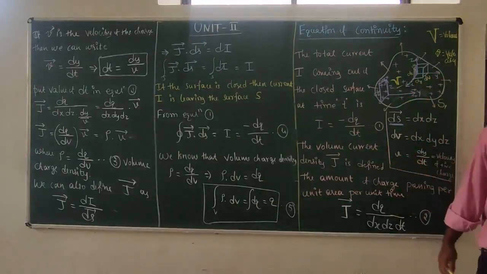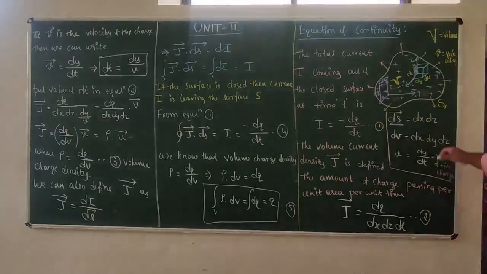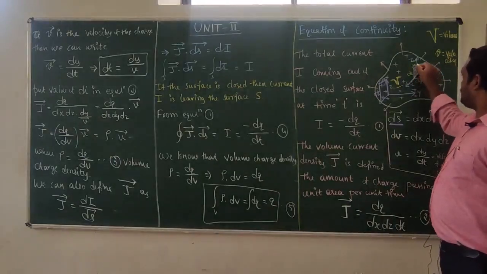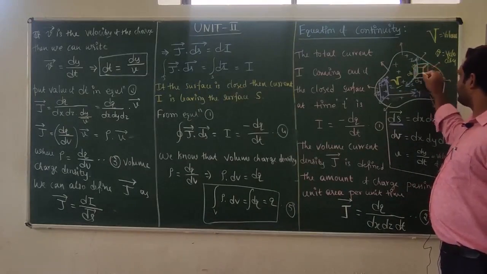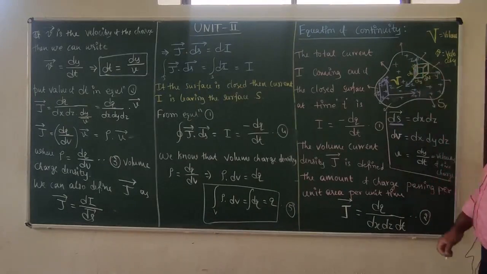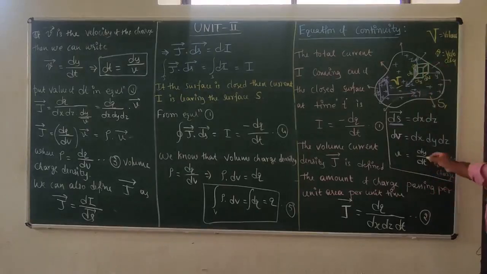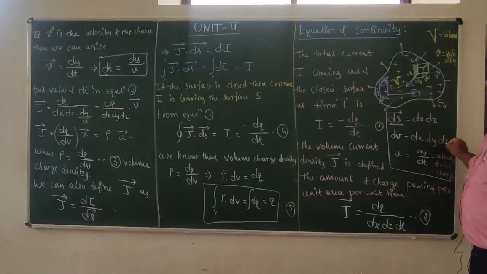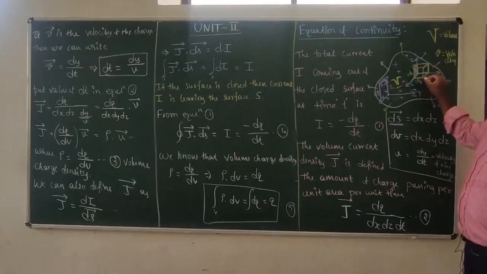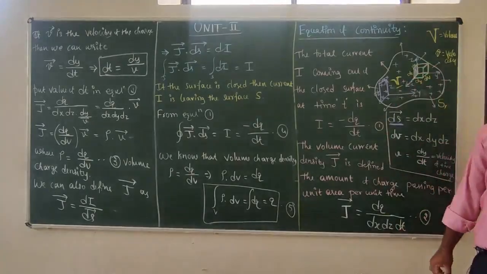Generally volume is represented through a parallelepiped. So a very small volume dV, and that volume we can write as dx dy dz. So dx, dy, dz are the edges of the parallelepiped.